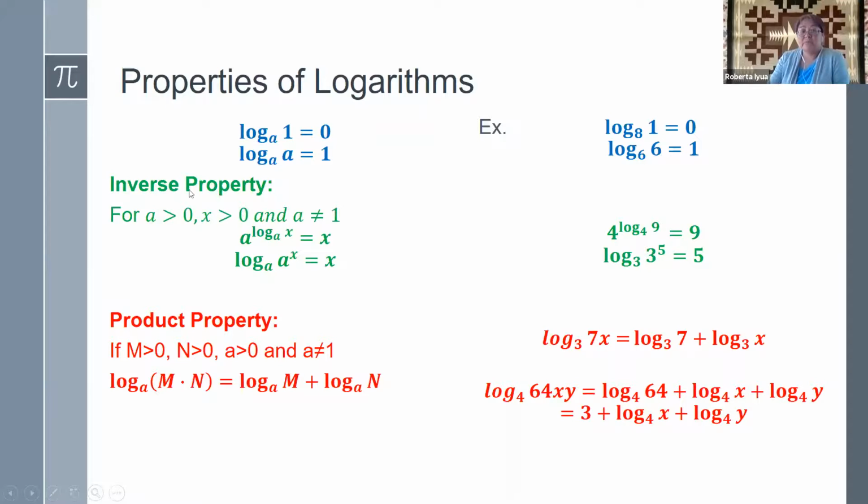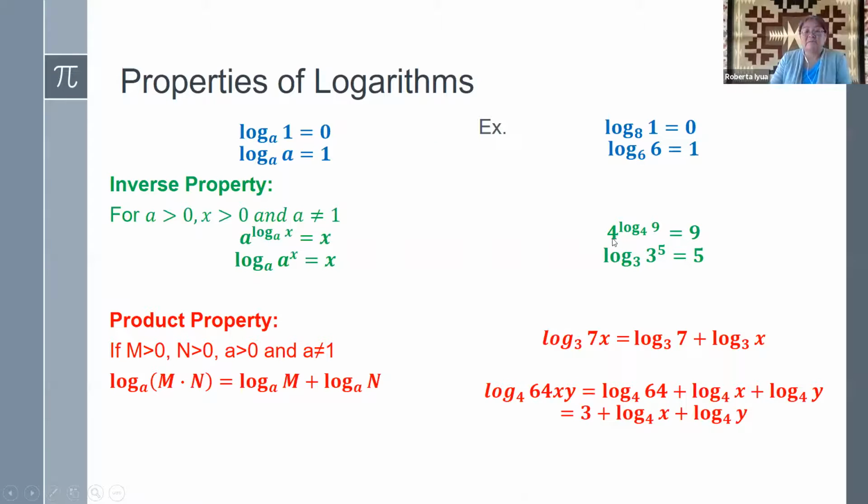Here's your inverse property. For a greater than 0, x greater than 0, and a not equal to 1, a raised to the log base a of x is equal to x, and log base a of a raised to the x is x.